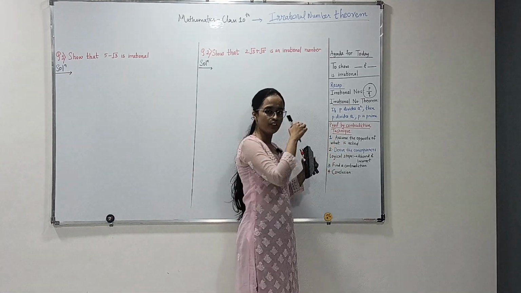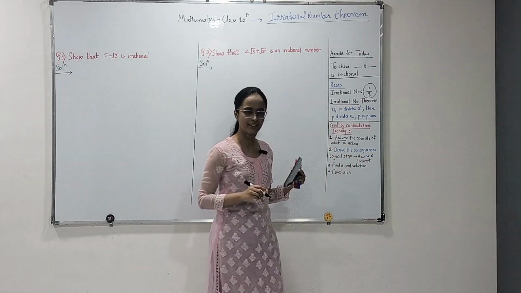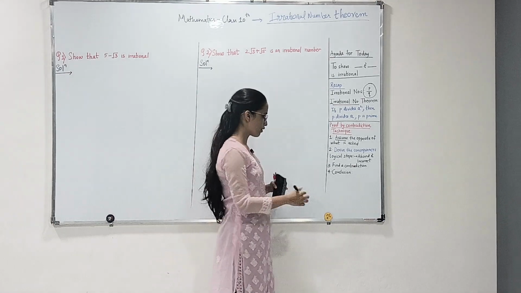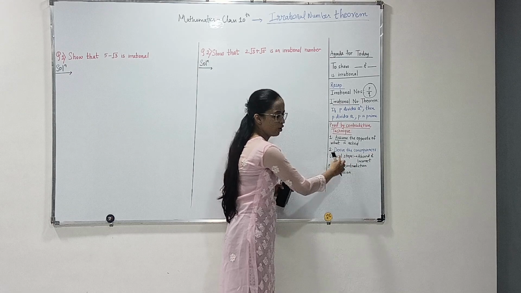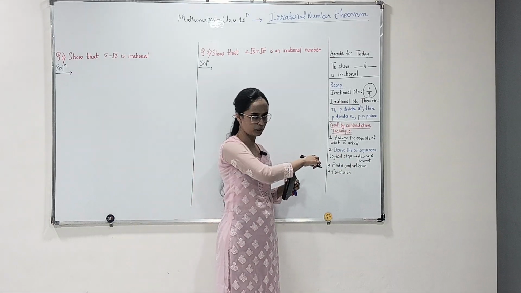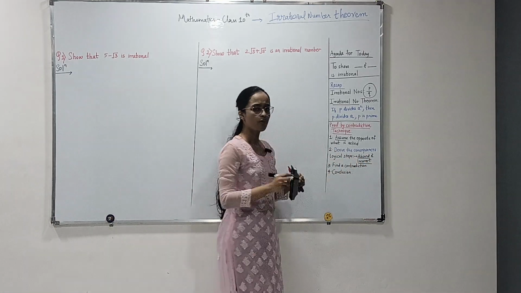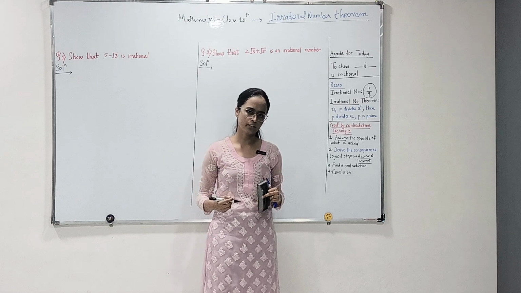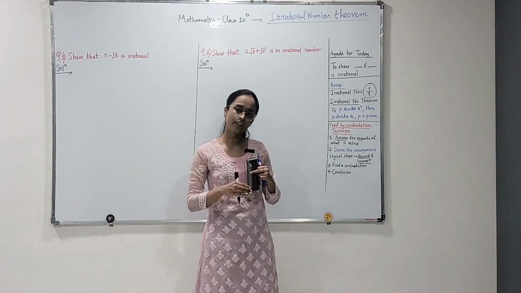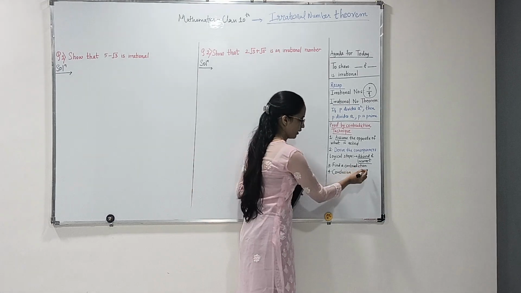Then, since we have assumed something, we have to derive the consequences using various logical mathematical steps. And after writing the logical steps that follow from this assumption, we arrive at an absurd or incorrect fact or statement or conclusion. Then we can say we have got something absurd, something incorrect, so it's a contradiction.